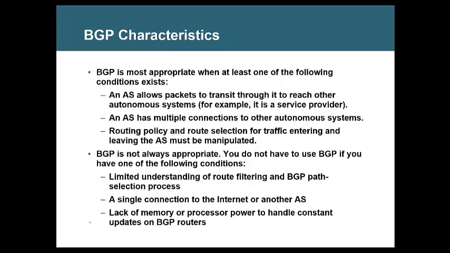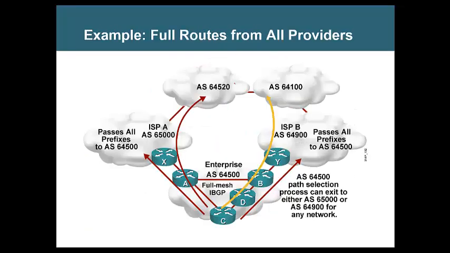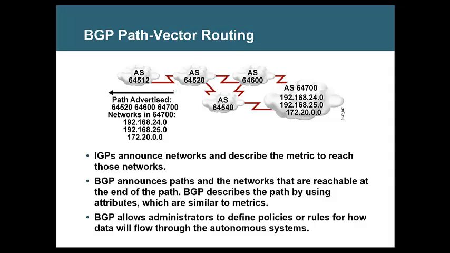And we also saw these things in the previous class, where BGP is appropriate. Whenever you have multi-homing, whenever you have a transit. What is transit? Let's take this picture. To reach this network from here, your packet needs to go through this autonomous system and this autonomous system.